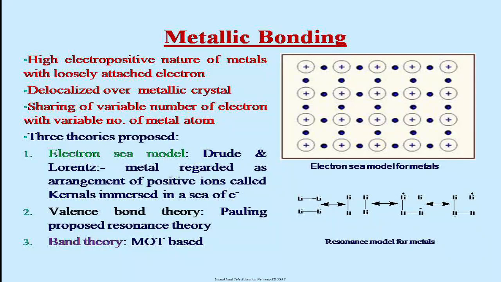Here two lithium atoms are connected with each other, whereas the bonding gets shifted between different lithiums, and the charge-containing lithium is in between the bonded atoms. The third type of theory is band theory, which is based upon molecular orbital theory.